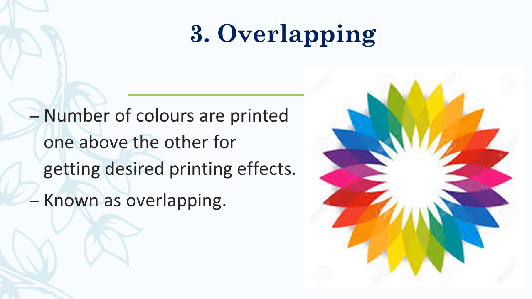The number of colors we are purposely printing one above the other for getting desired printing effects is nothing but overlapping. So purposely we mix the colors to get the desired print effects.